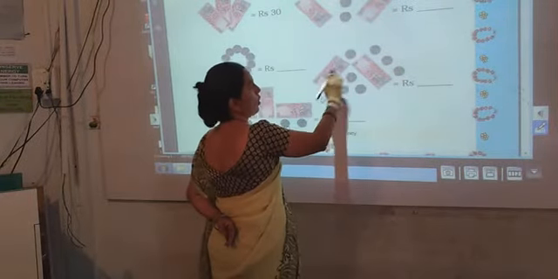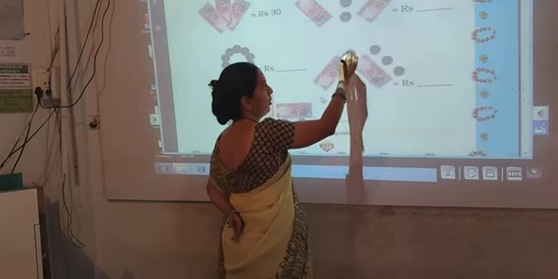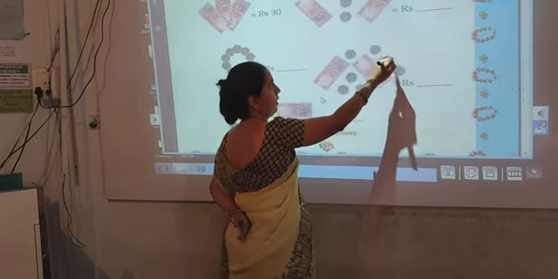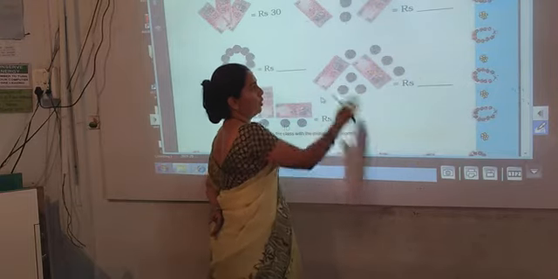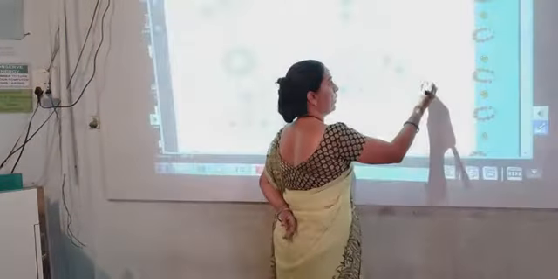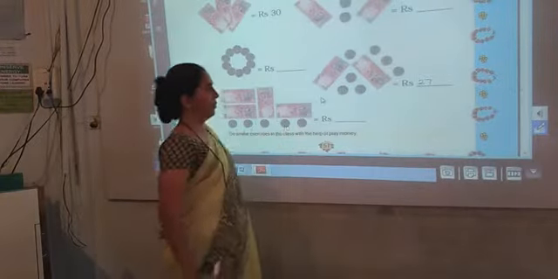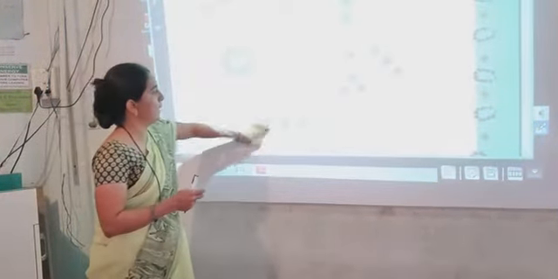Again 2 notes of rupees 10: 10, 20, 21, 22, 23, 24, 25, 26, 27. So these notes and coins will make rupees 27.